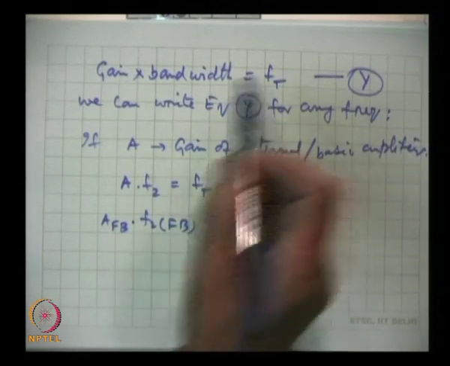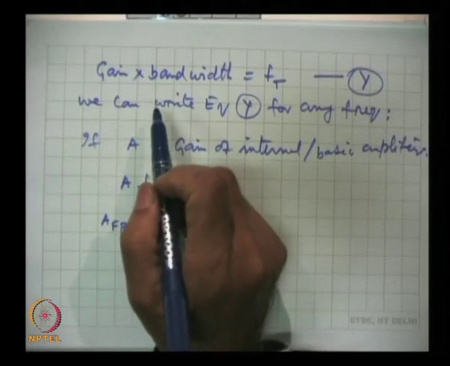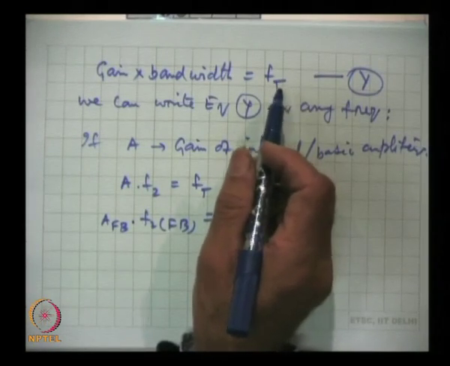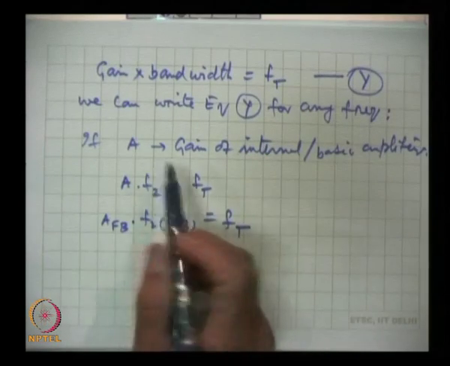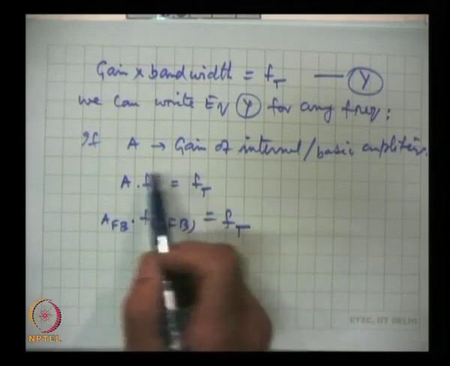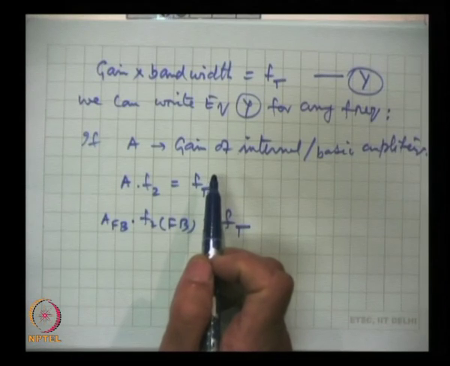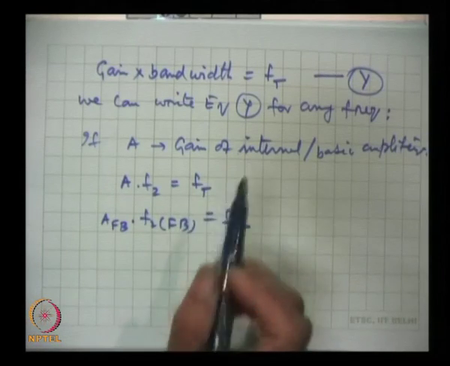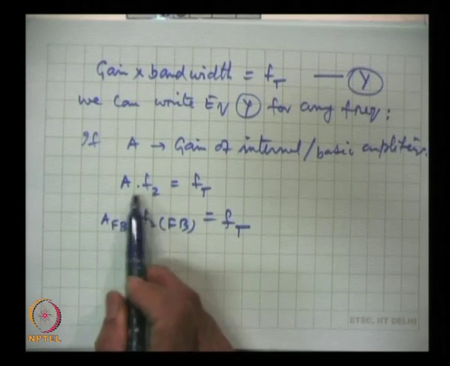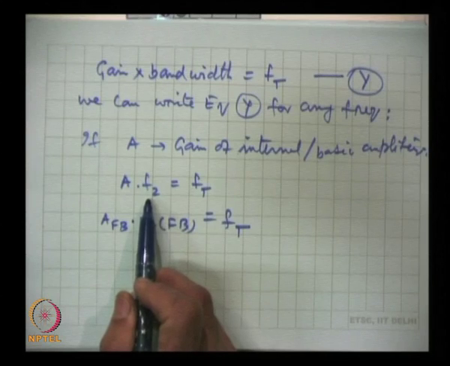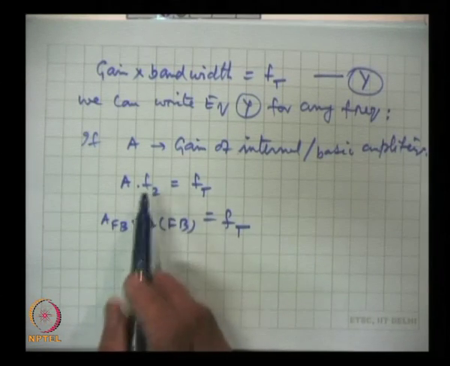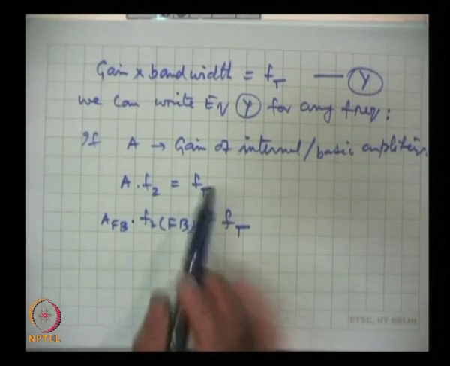Now, this equation, gain bandwidth product is constant and equal to ft, can be written for any frequency. So, first is A, when A is the gain of the internal amplifier, the amplifier which is not yet using the feedback, then we can write A into f2, f2 being the upper cutoff frequency of the amplifier without feedback, is equal to ft.